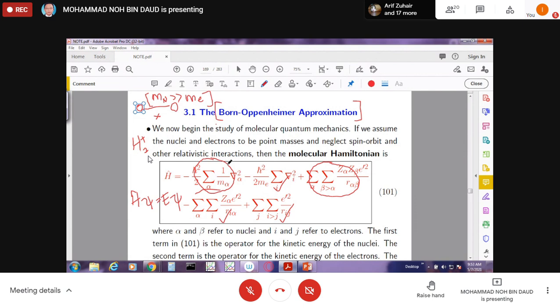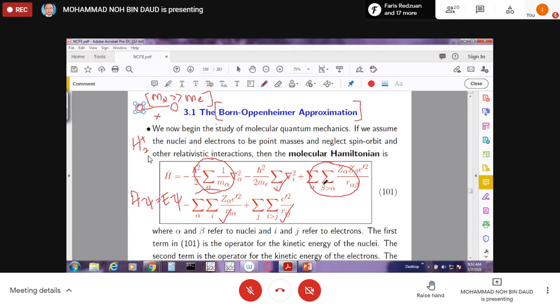At the same time, since the nucleus is heavy, you only consider the motion of the electron.